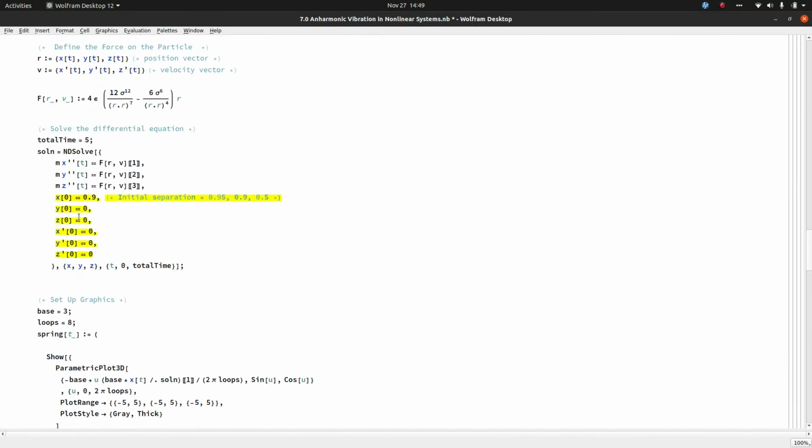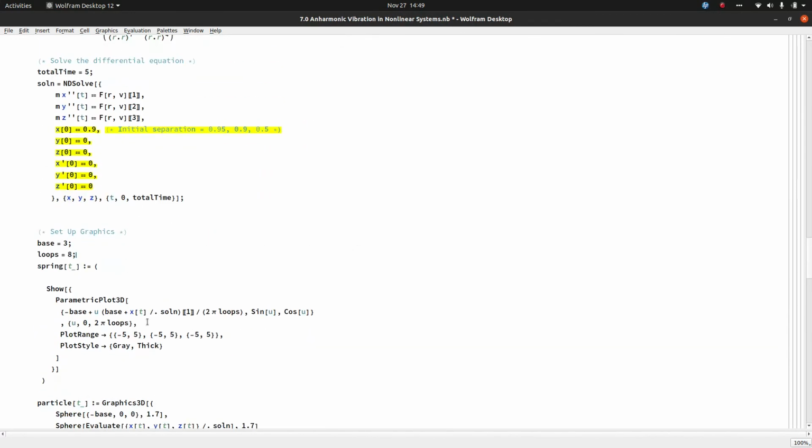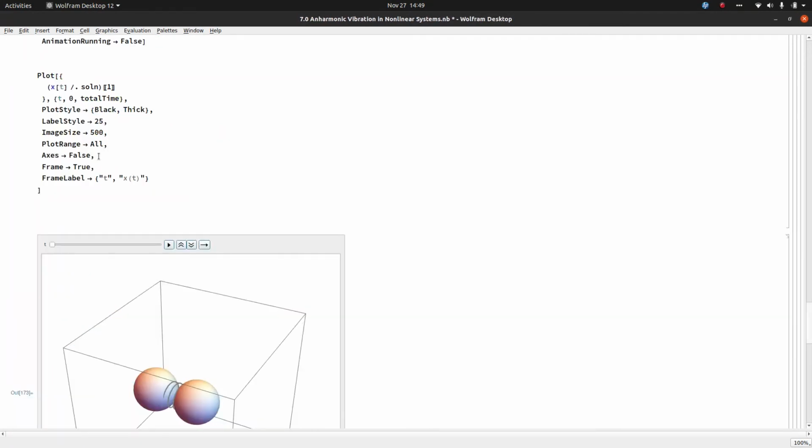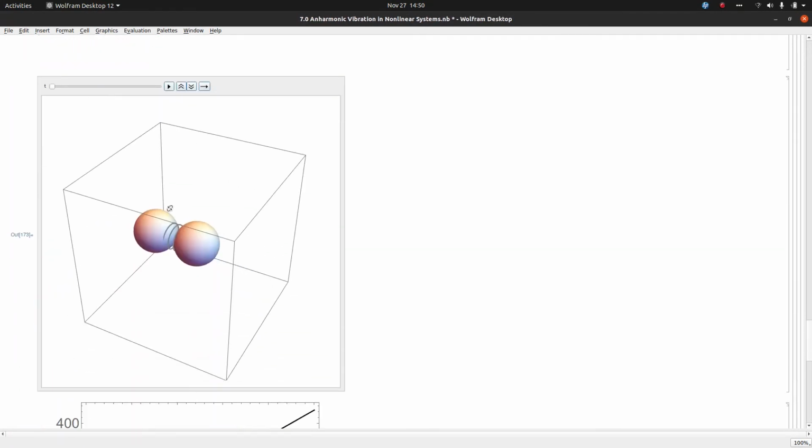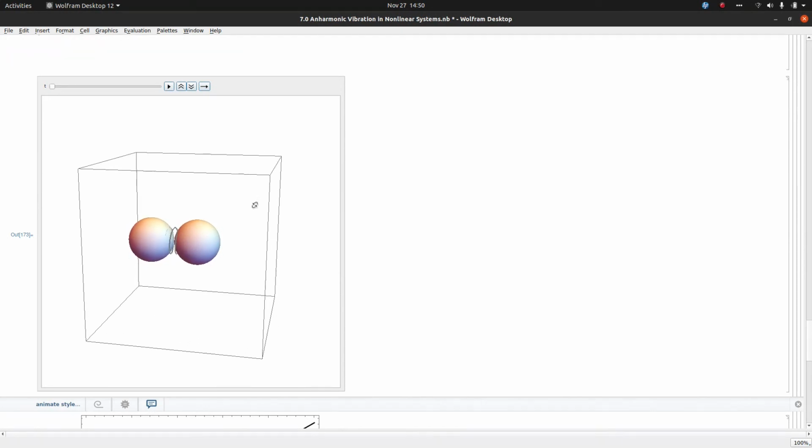And in fact, we can make it look very not like simple harmonic motion if I compress it too much. So let's say I compress it down to 0.5, and I run that. So it's compressed. It's going to feel a force trying to push it out because the molecules are stuck too close together.